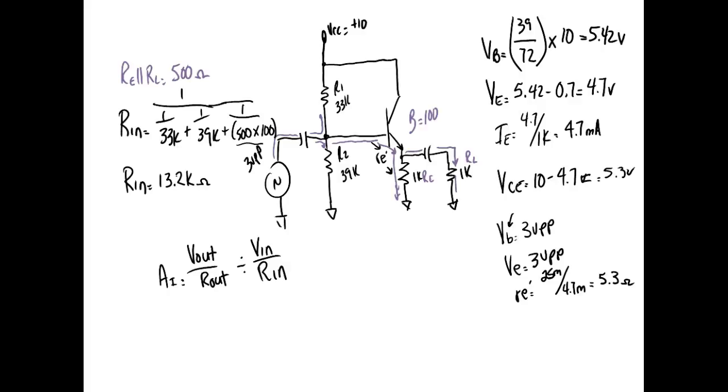How do we divide fractions? Invert this guy over here and multiply. So I could say V out over R out times Rn over Vn.